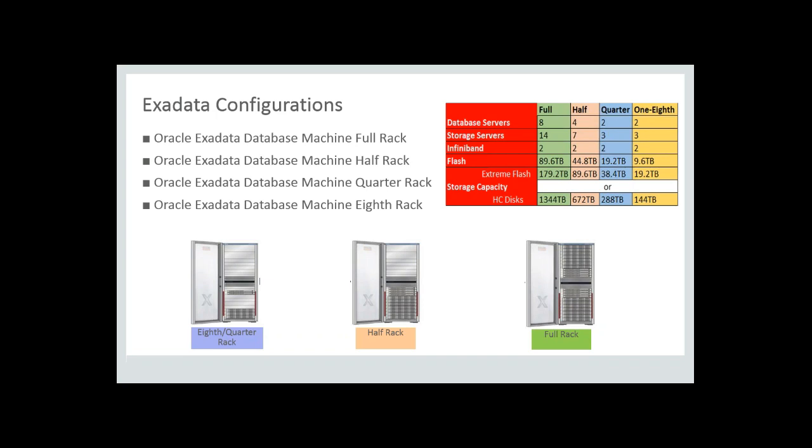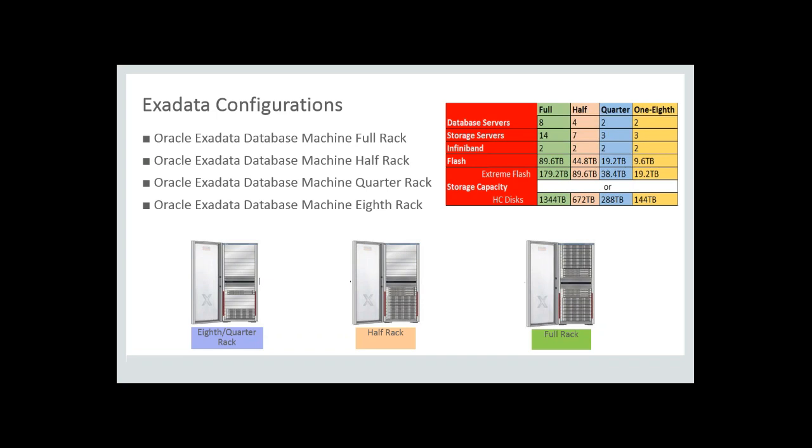So the hardware you will get is the same. But the only thing is, in the database server, half of the number of cores will be disabled. That means if you are getting 36 cores per database server in quarter rack, in 1/8 rack you will get only 18 enabled by default.